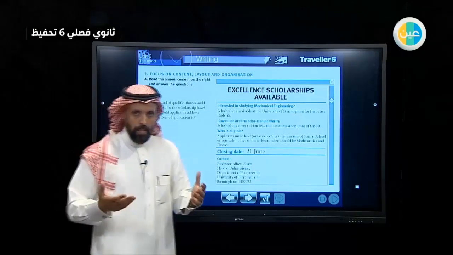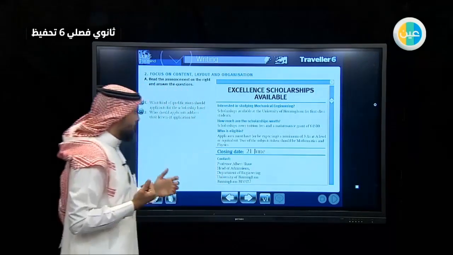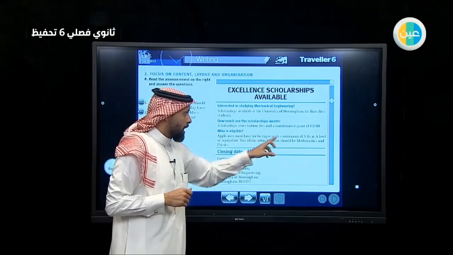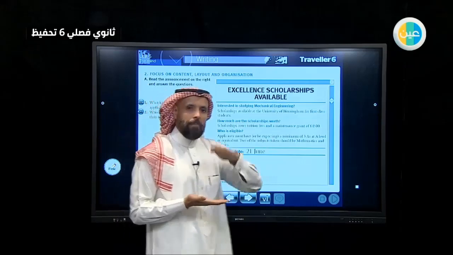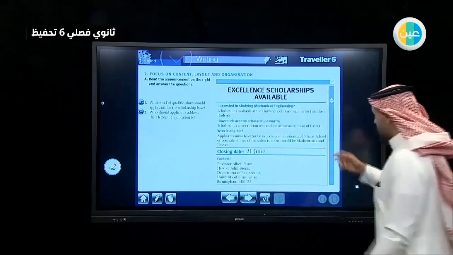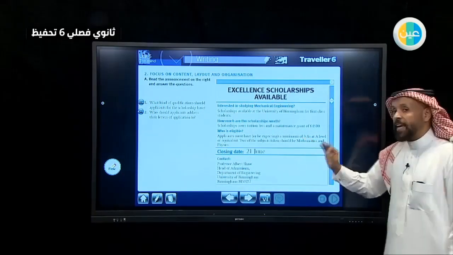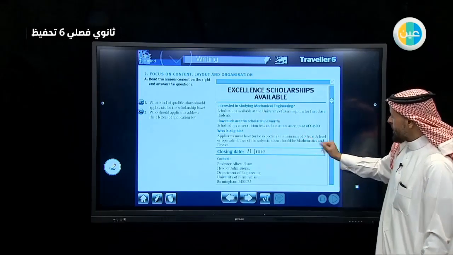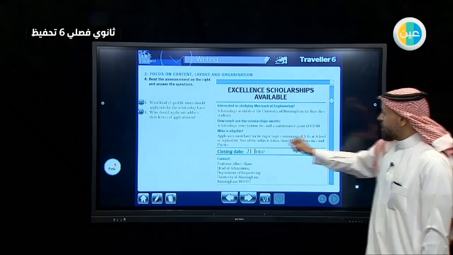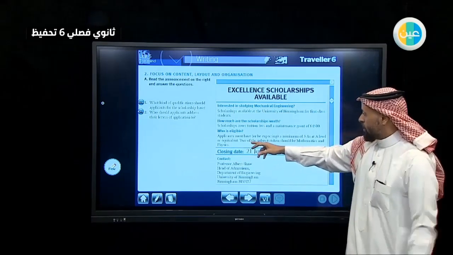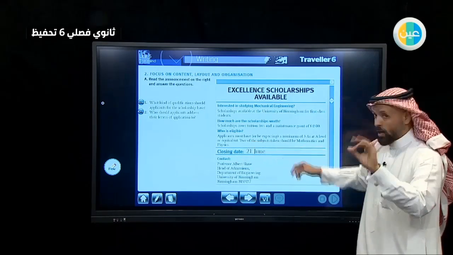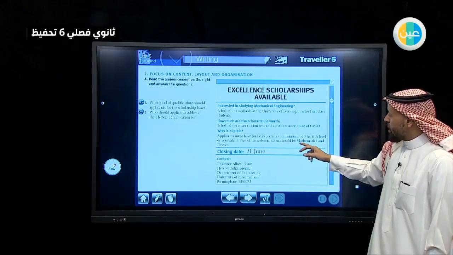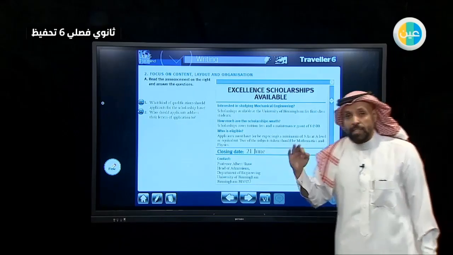Applicants, the one who will be you inshallah one day, must have or be expecting a minimum of 3 A's at A level or equivalent. Two of the subjects, and this is very important, taken should be mathematics and physics.